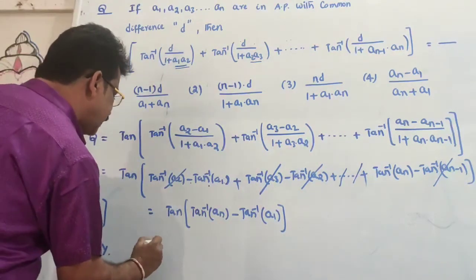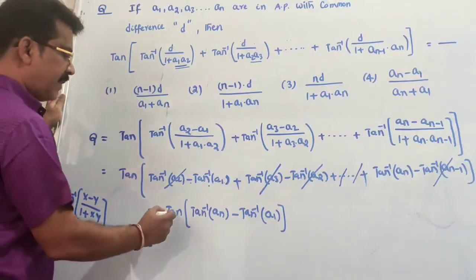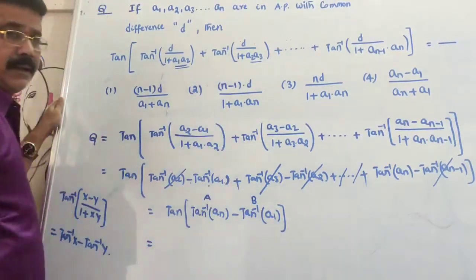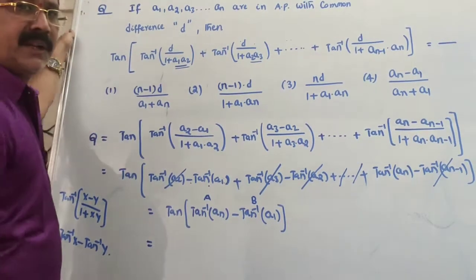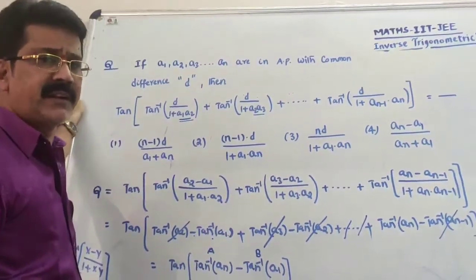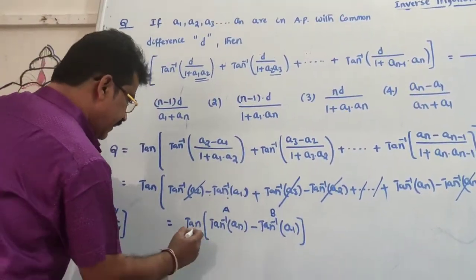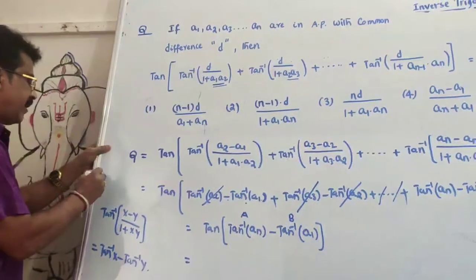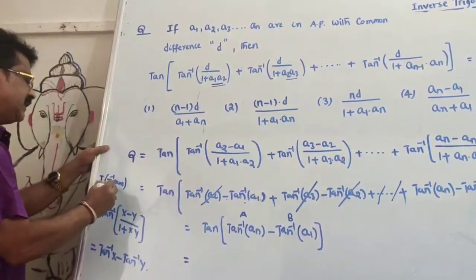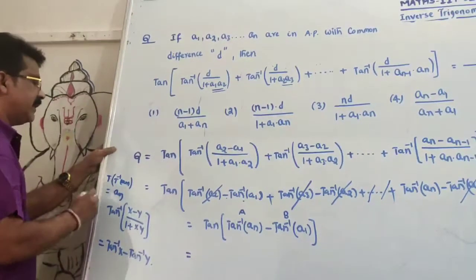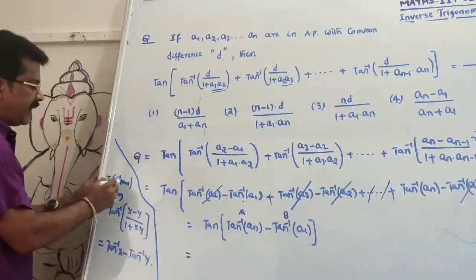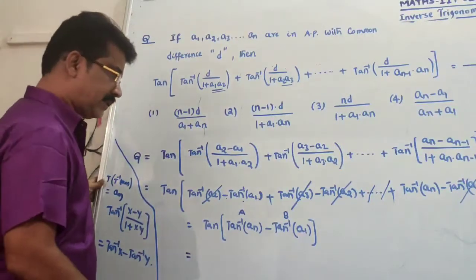So that is equal to, again it is in the form of tan of (a minus b). Tan of (a minus b) is what? Tan a minus tan b by 1 plus tan a tan b. So tan a means tan of tan inverse of an, that is equal to an, because tan of tan inverse of x equals x, standard formula.